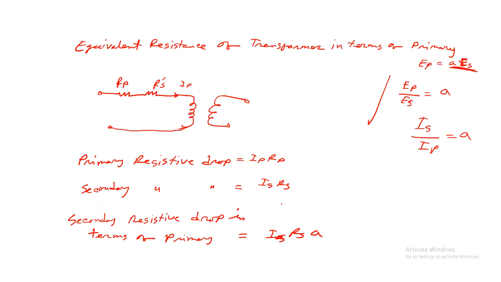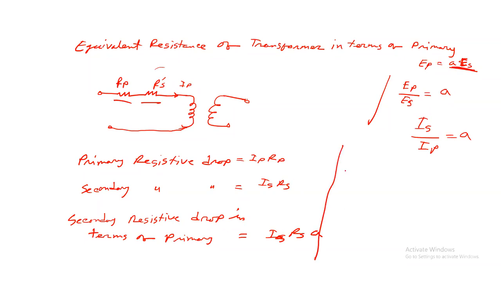So now this means IS RS A. Clear? These and these are the total.